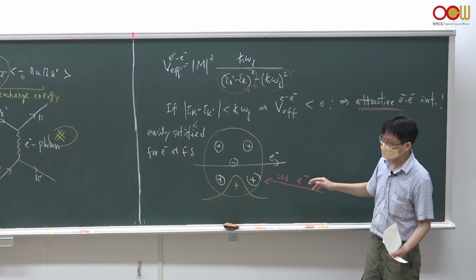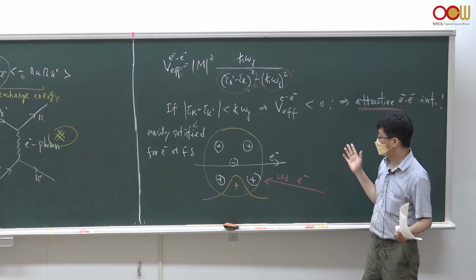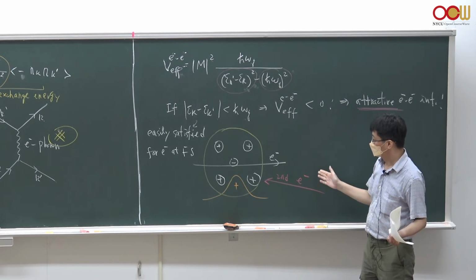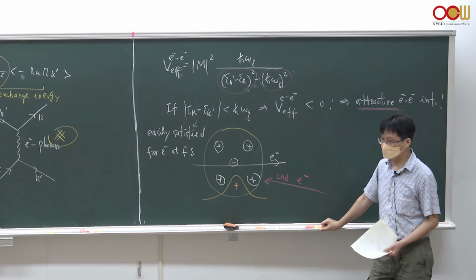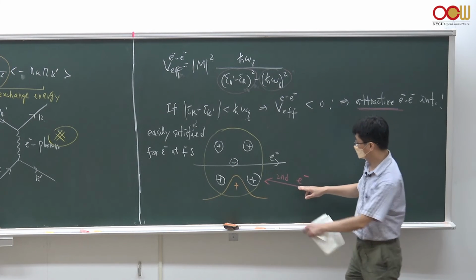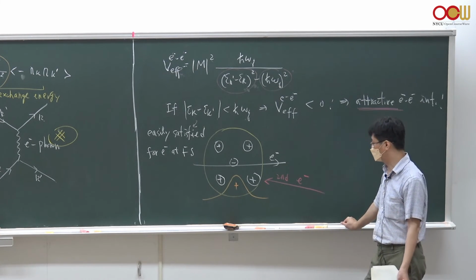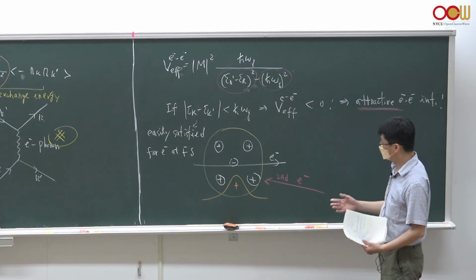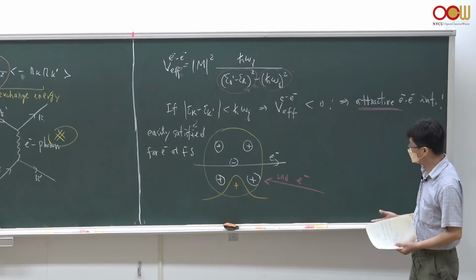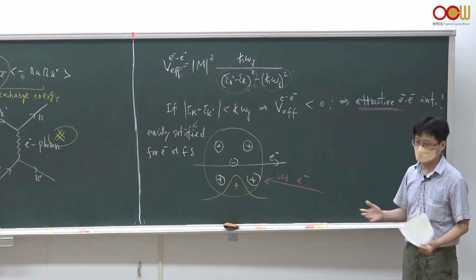Well, the second electron is elsewhere, and it sees this positive charge cloud over there, and therefore, because of the attraction between positive and negative charged particles, the second electron will come in. So this is a cartoon picture to demonstrate that two electrons are not necessarily repulsive to each other.